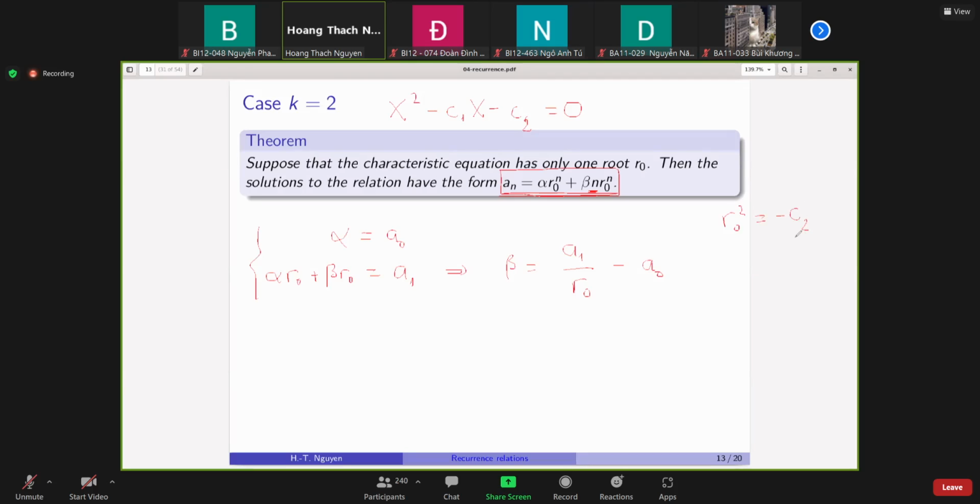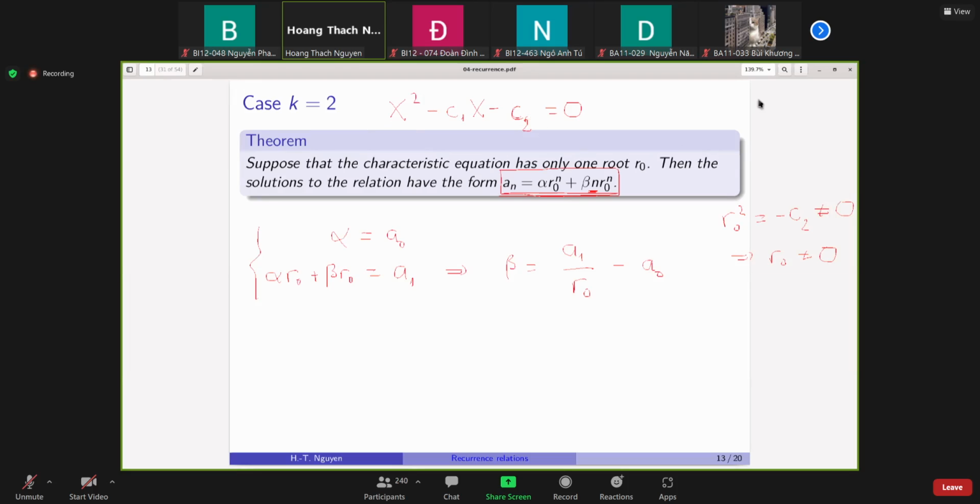And since it is a relation of degree 2, this must be non-zero. So as a result, R0 here is non-zero. Okay. So the condition that the second coefficient is non-zero is crucial here. So remember that you only use this if your C2 is different from 0. Okay.